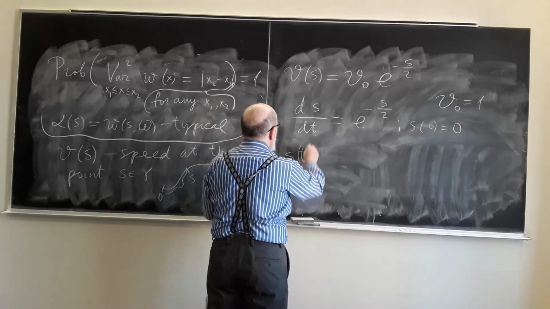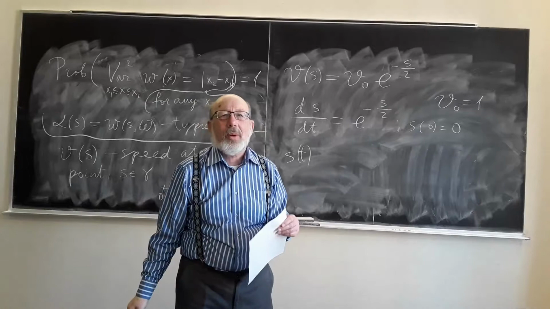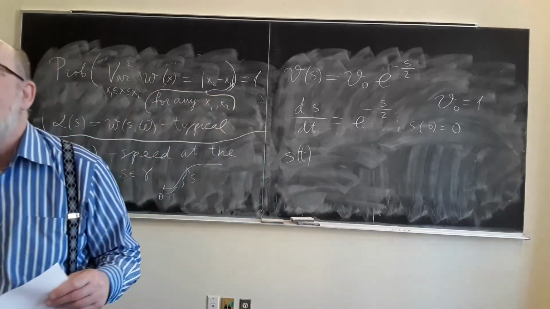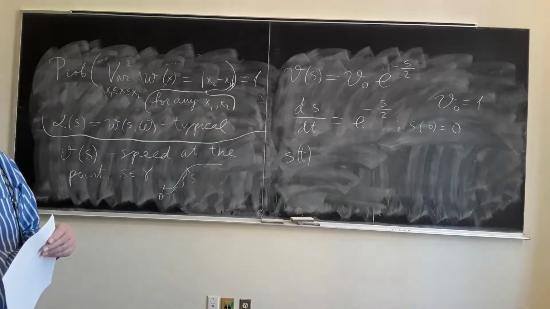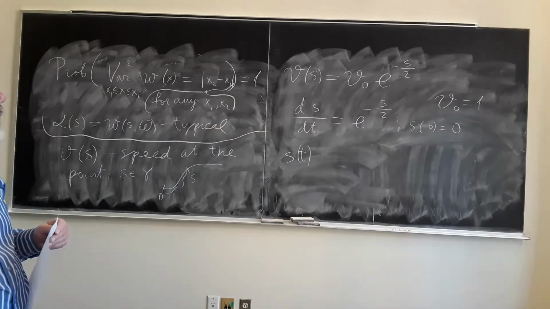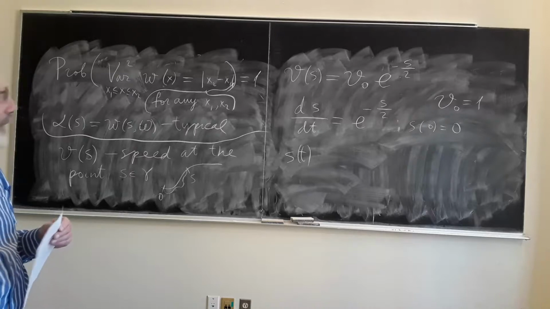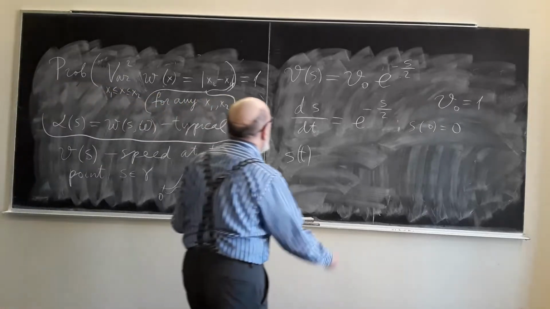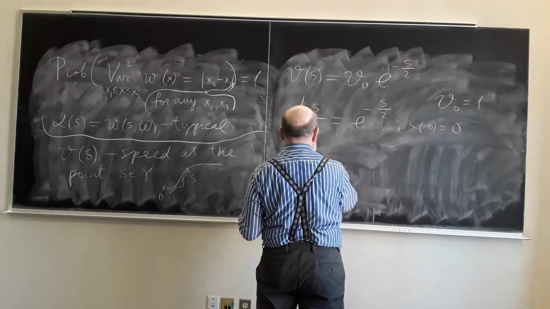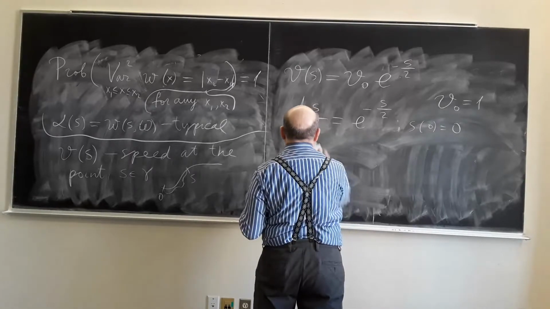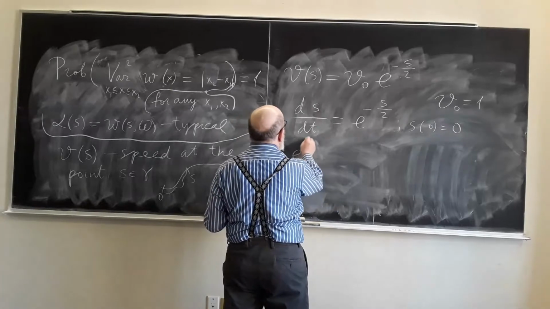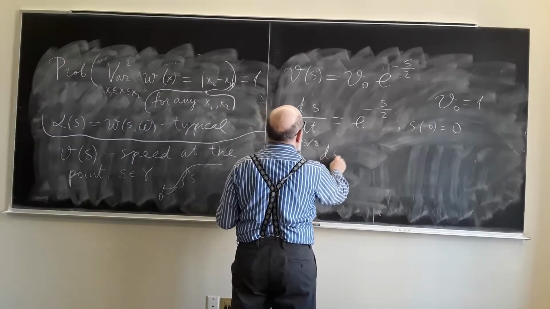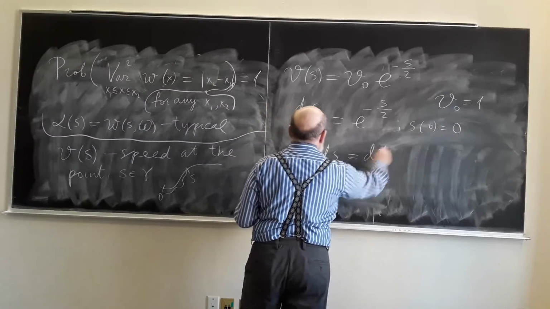It is an autonomous equation. So e to the power s over 2 ds equals dt.